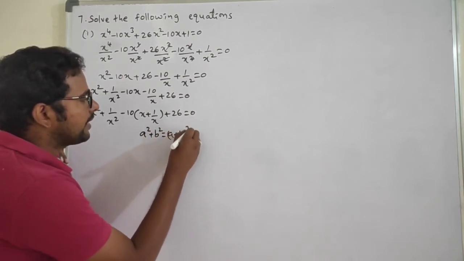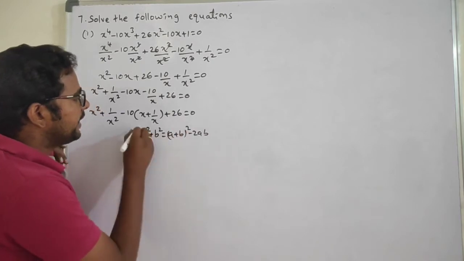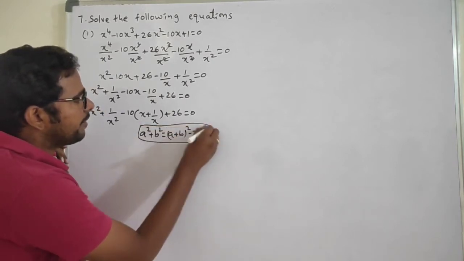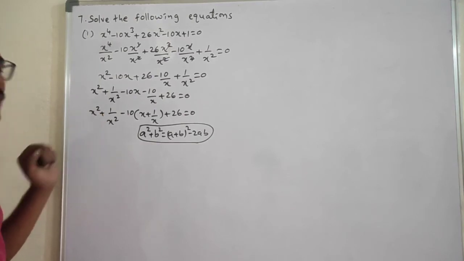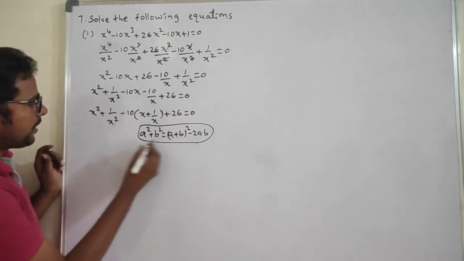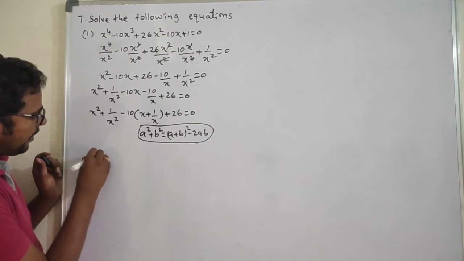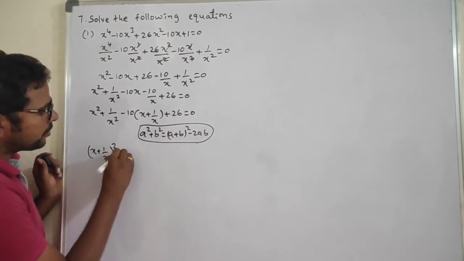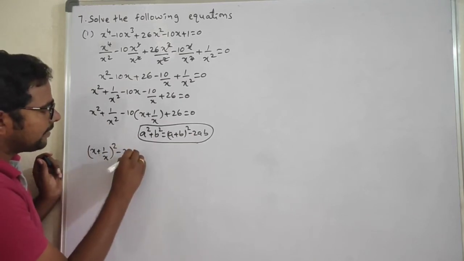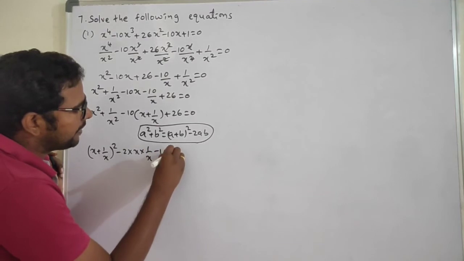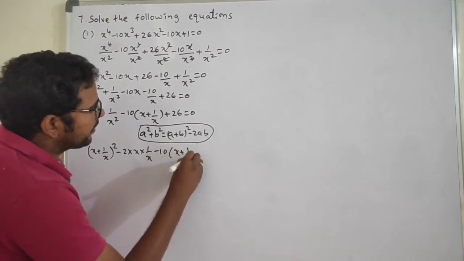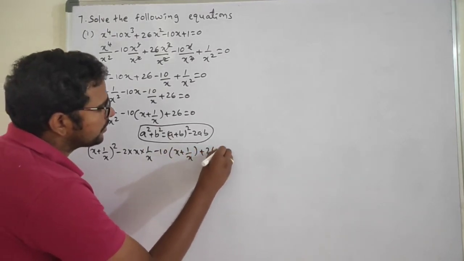Here a is x and b is 1 by x. So by the formula, x plus 1 by x whole square minus 2ab, that is 2 into x into 1 by x, minus 10 into x plus 1 by x, plus 26 equals 0.